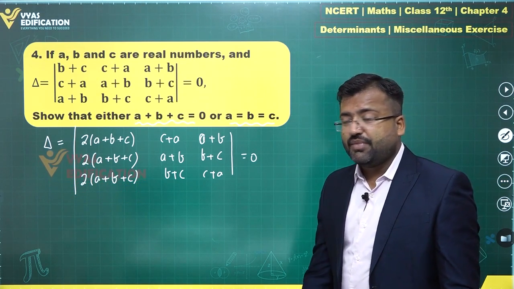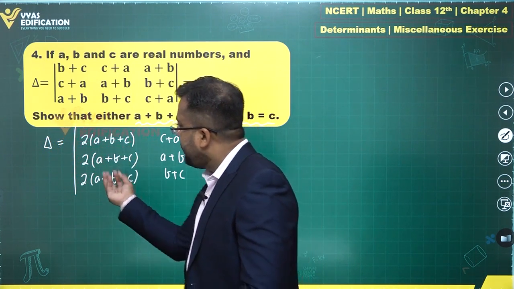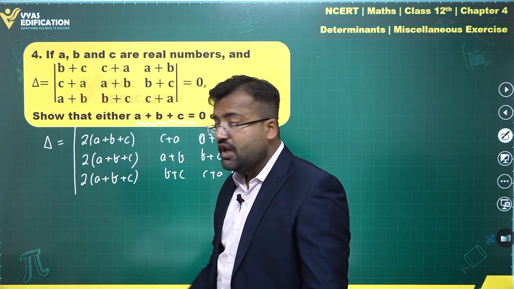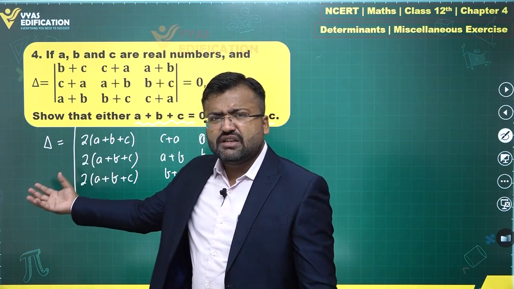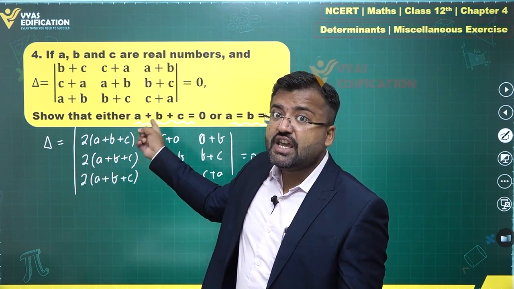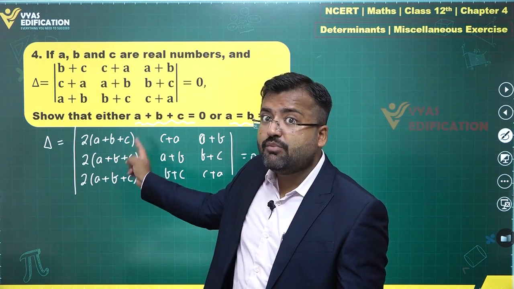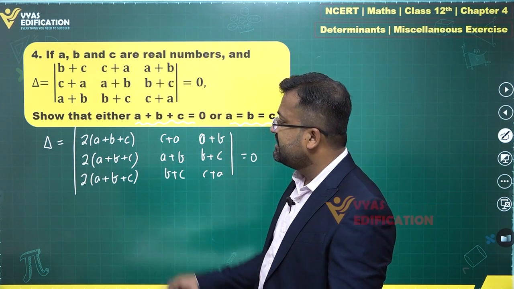Now that's pretty simple considering the step that we have applied. We can take out this factor common. A factor times another factor, if it is 0, we get simply the first factor equal to 0 or the second factor equal to 0. The first factor, as you can see, is that A plus B plus C equals 0, that is required. That's the benefit of applying this step.